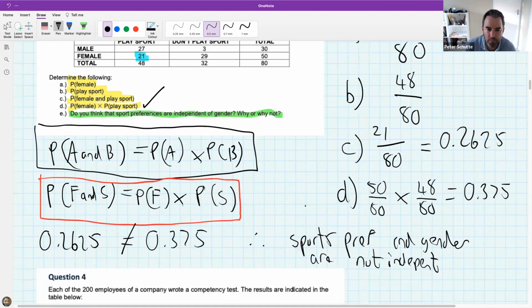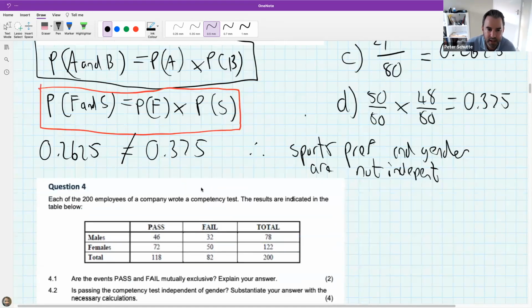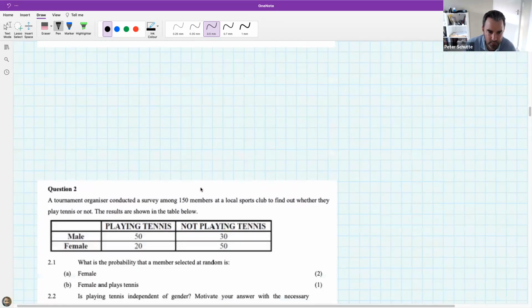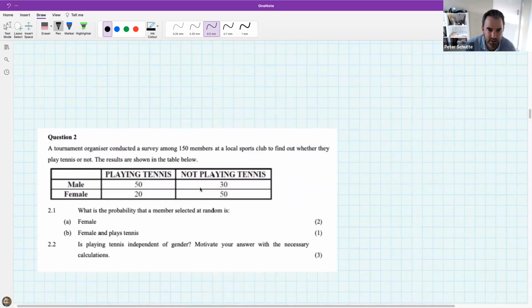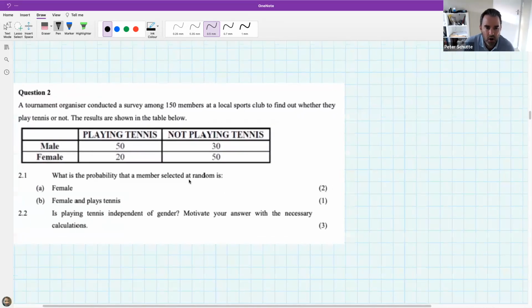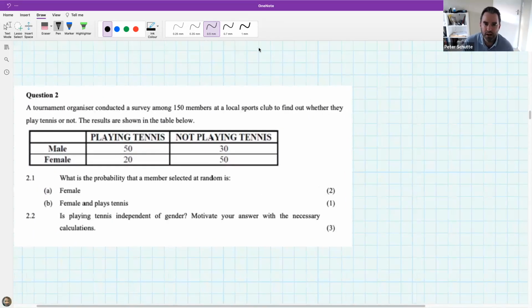Okay, cool. Let me find one that is a bit more like this example. Okay, let's do this one. If I say to you, what is the probability that a member selected at random is female from this table?